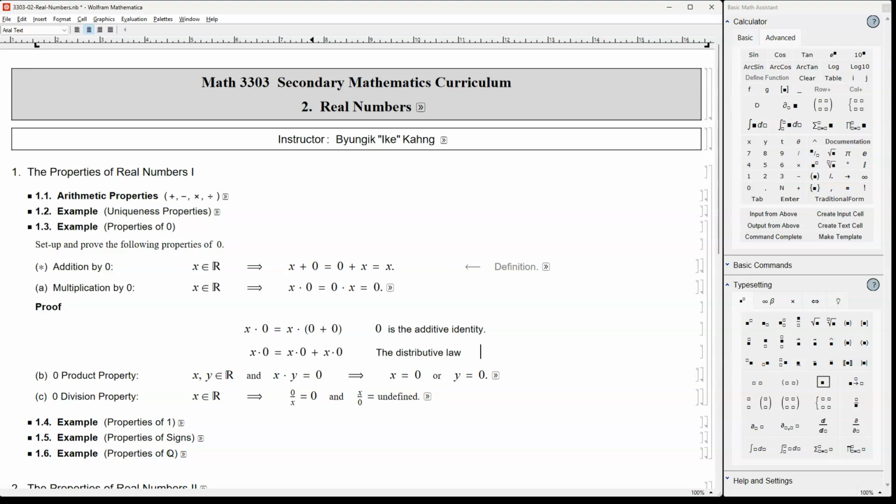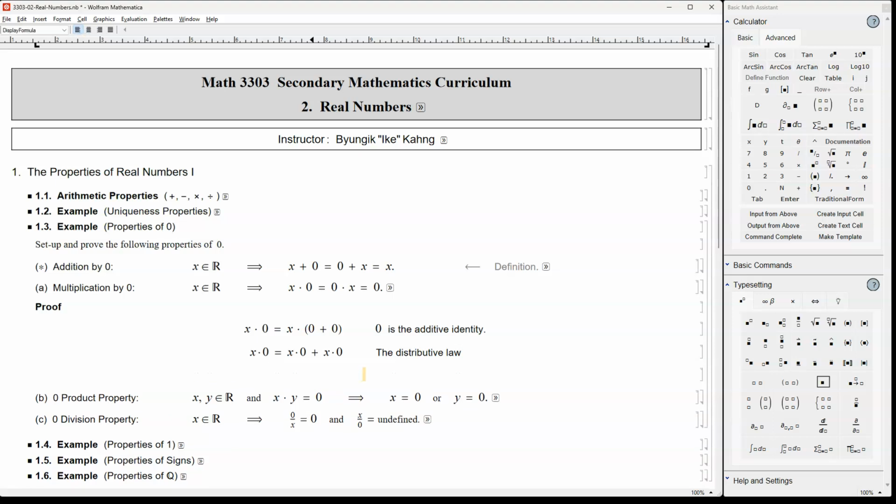Okay, and then if I subtract one of those away, then I'll be done, right? So x times 0 minus x times 0. What do you mean by minus? That means adding the additive inverse of that.